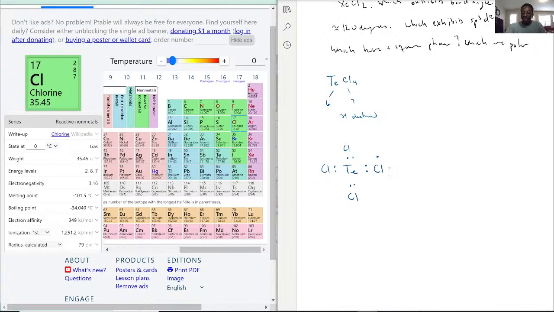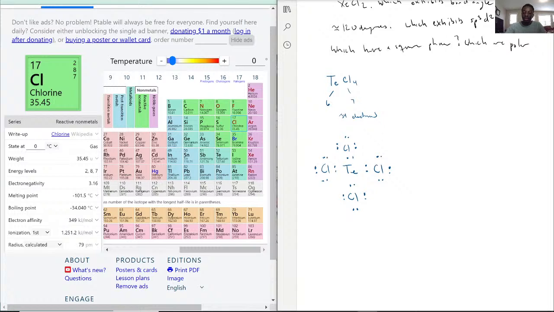It's sharing one of its 7, so 2, 3, 4, 5, 6, 7. Perfect octet filled. Same thing here. Another octet. 4, 5, 6, 7. Another octet. 2, 3, 4, 5, 6. Another octet.